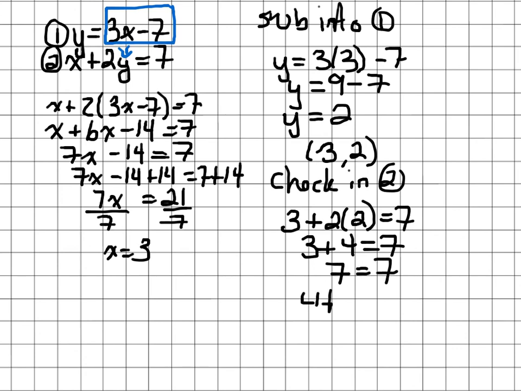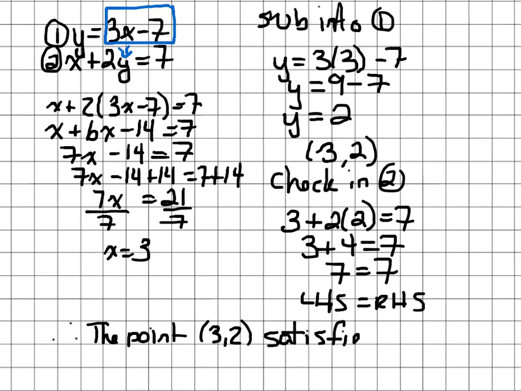So since my left-hand side is equal to right-hand side, therefore the point (3, 2) satisfies both equations. So what that means is the point (3, 2) is on both lines. It is the point of intersection. And hopefully now you've seen two examples and you are able to do this on your own.